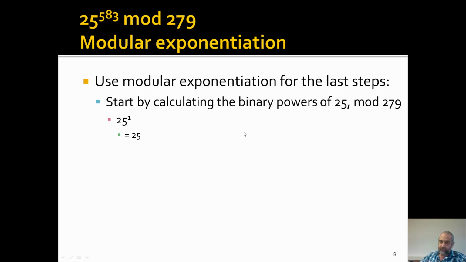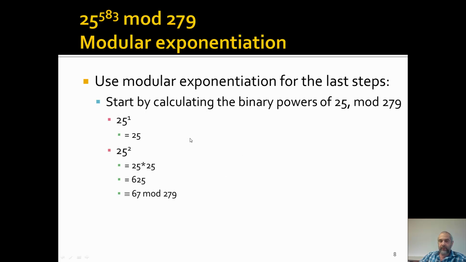Start with the first one, 25 to the power 1, easy, it's 25. Second one, 25 to the power 2, that's of course 25 times 25 is 625. Modulo 279, that's congruent to 67.